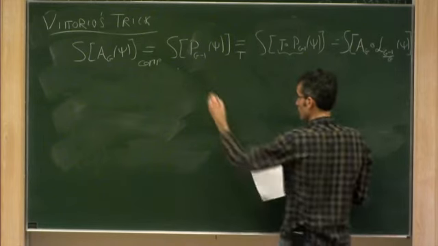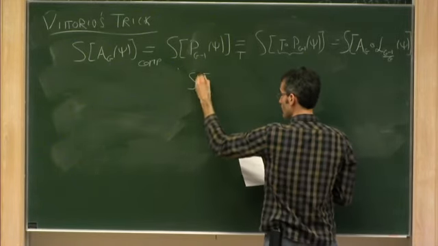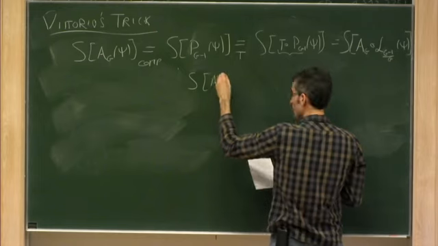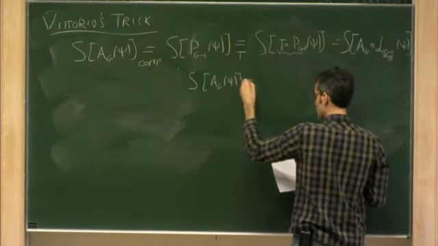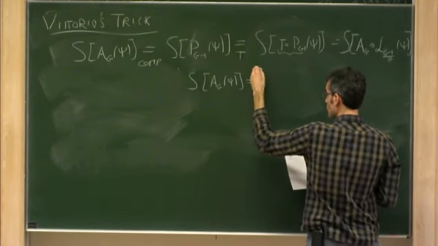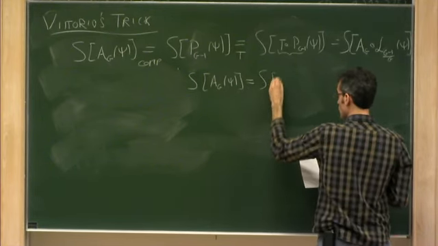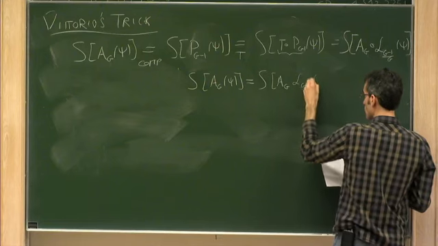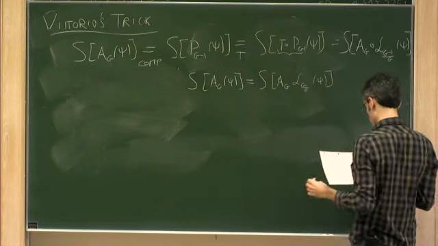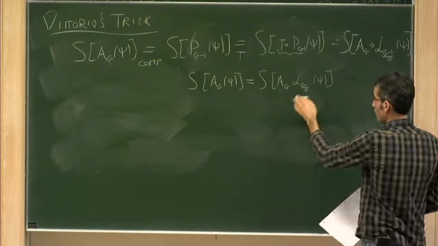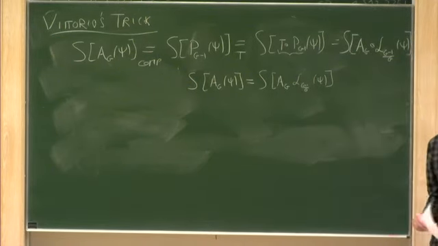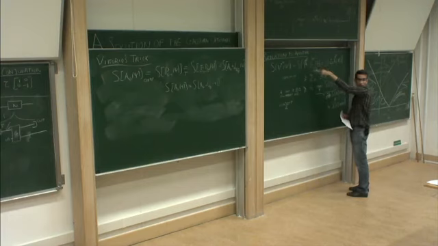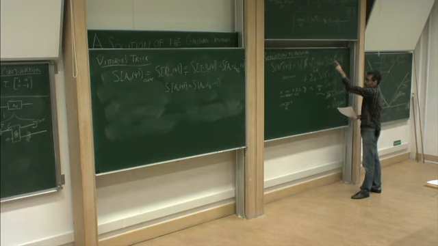I'm just rewriting again the same, but to make it more compact. So now one can play the same trick as I was doing here, of taking the exit of the lossy channel as a mixed state, decomposing it into pure states, and playing the same trick.